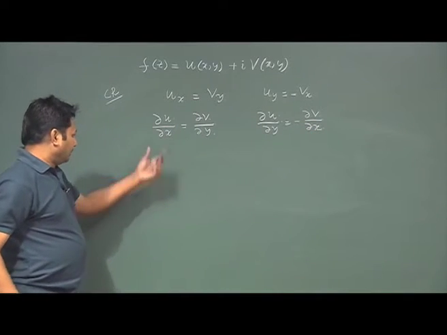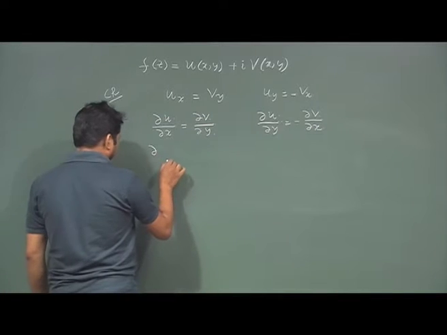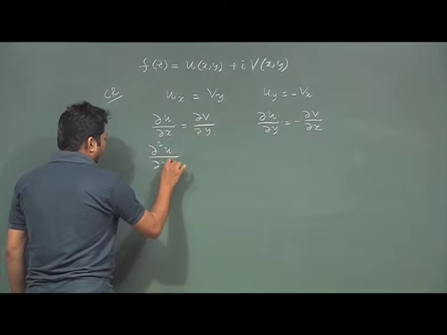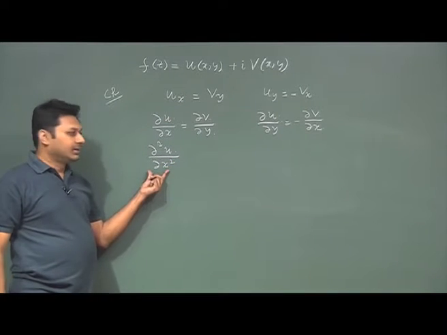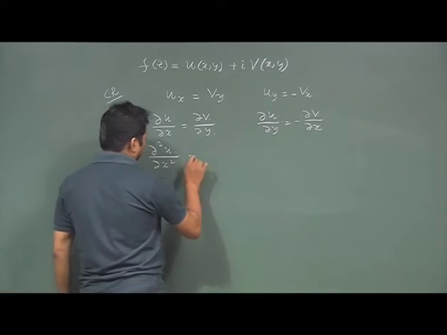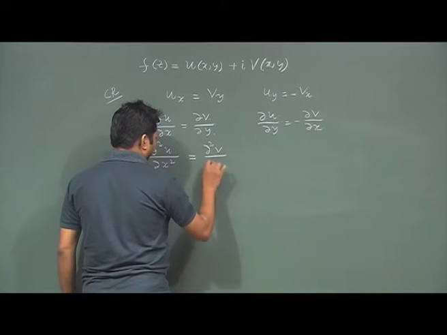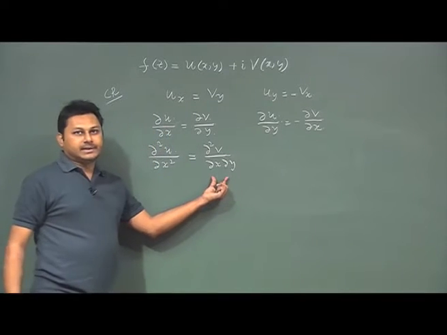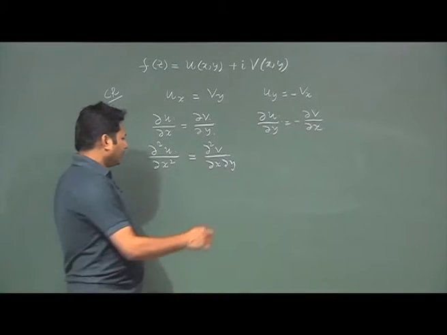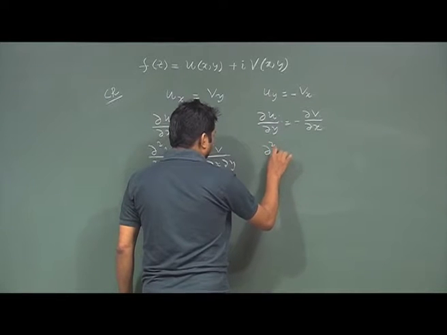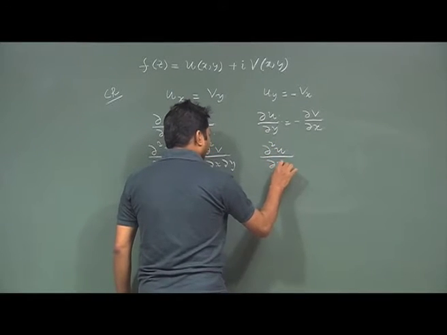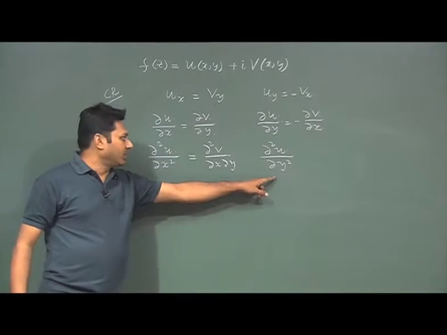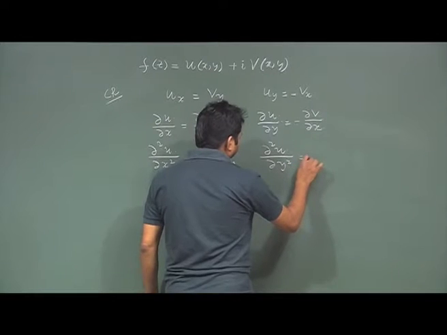Now if I take a derivative on both sides with respect to x, on the right hand side I should have this quantity. In that case also, if I do the same thing, but instead of a derivative with respect to x, I take a derivative with respect to y once again on the left hand side, on the right hand side I should have this.